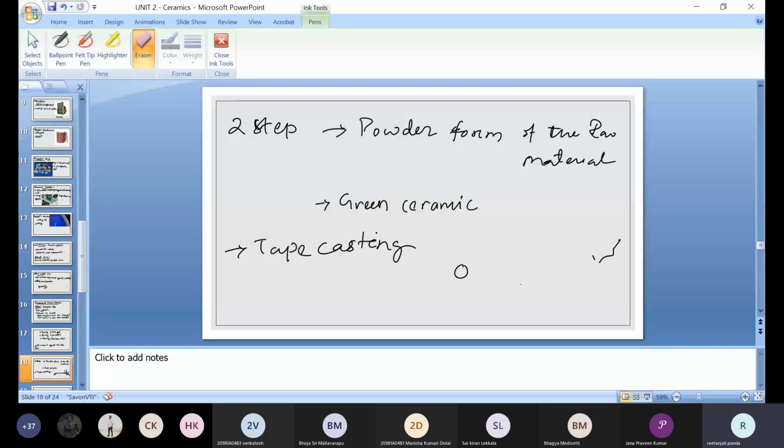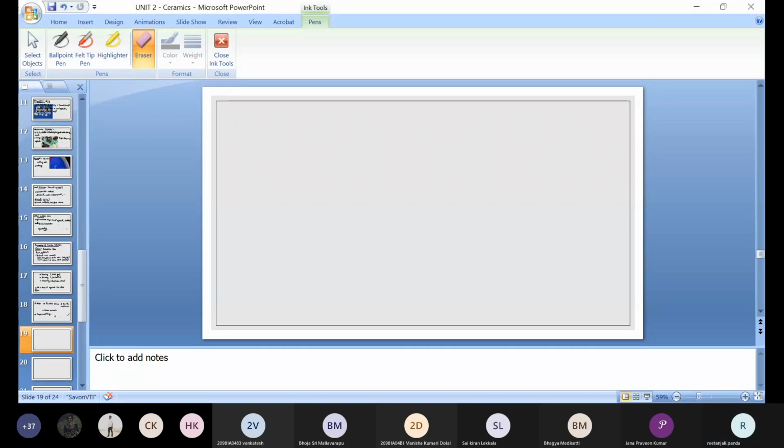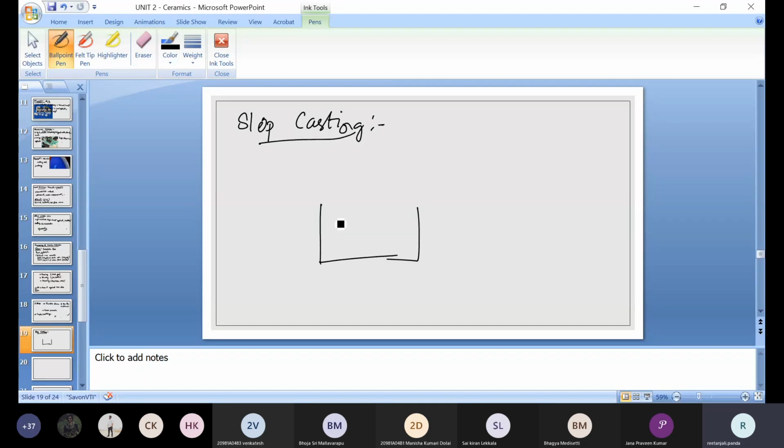Then we will learn about slip casting. In slip casting, what exactly are we doing? We have a mold which has a mold cavity within it. I will show you that one in the video. As of now, just remember this is a mold cavity we have.